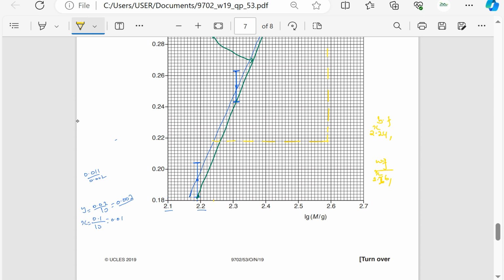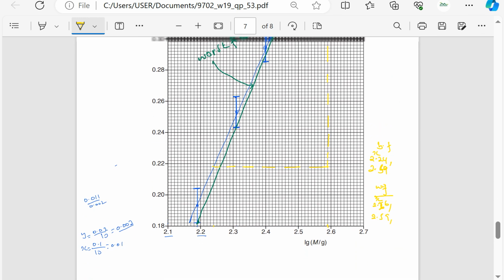So the second x coordinate is 2.59 for both.